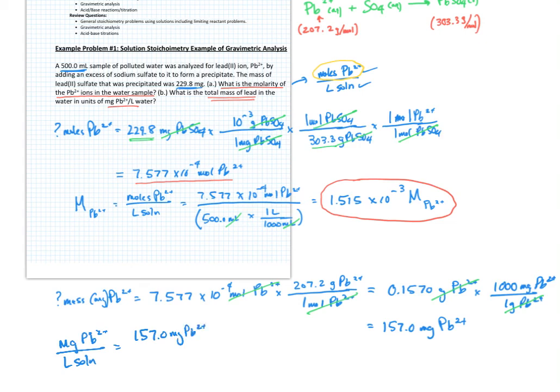This will give me a concentration unit that then I can apply to really any amount of this water that I find. Milliliters times 1 liter per 1,000 milliliters. And that is going to equal 314.0 milligrams Pb2+ per liter.